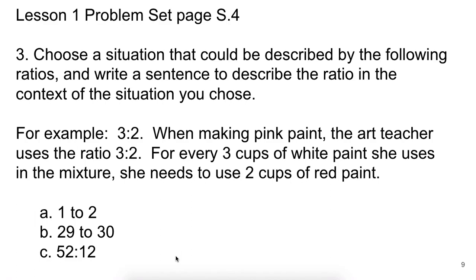So 29 to 30, you can just say 29 of the students in the 6th grade had dogs and 30 of the students had cats. So the ratio of students that had dogs to students that had cats was 29 to 30. So anything you want to do with make up ratios with these is what you're going to do. So there is no right or wrong.